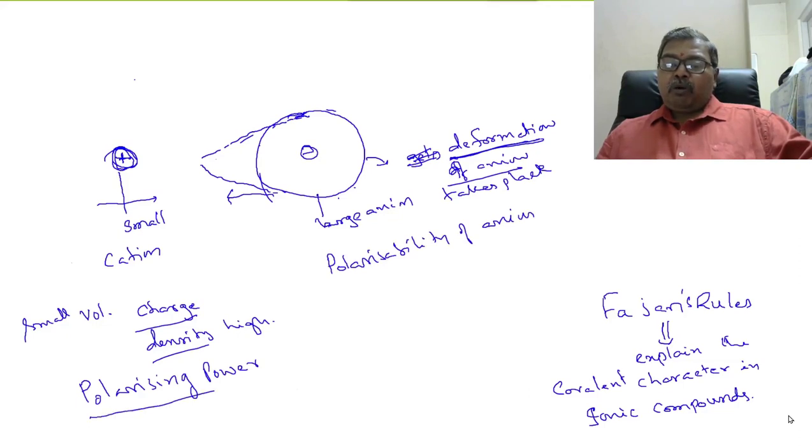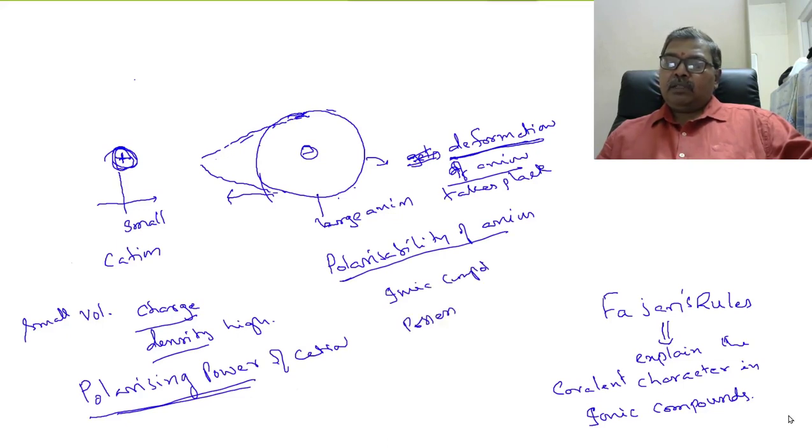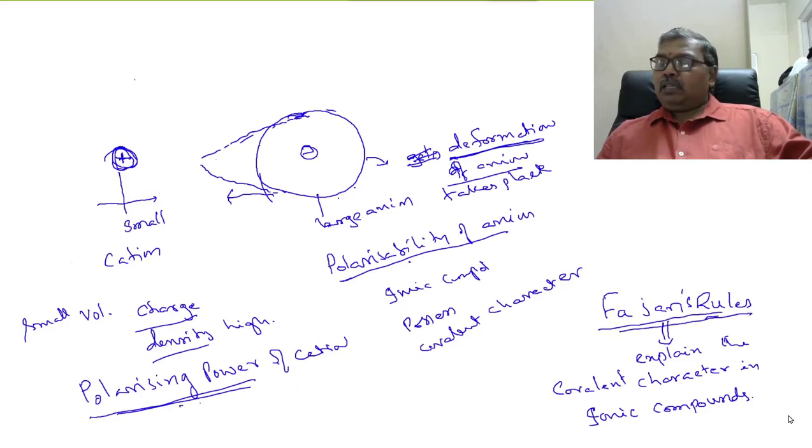So, due to the polarizing power of cations and the polarizability of anions, every ionic compound possesses covalent character. This polarizing power of the cation and polarizability of the anion were explained by Fajan in the form of Fajan's rules. So, Fajan's rules explain the covalent character of ionic compounds.